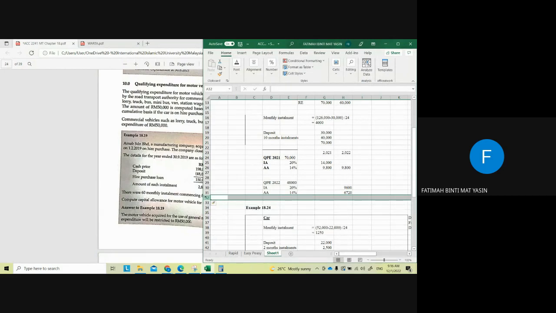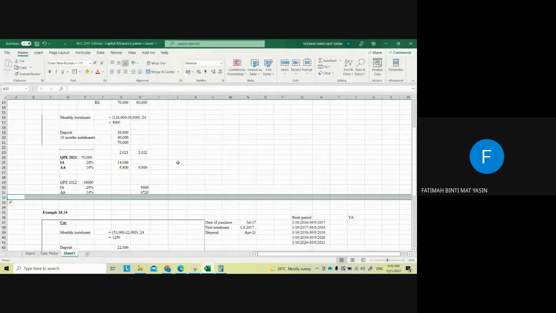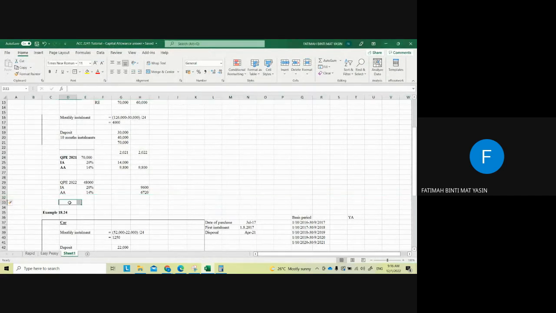Okay, so the QPE, let's say we are discussing this machine. If we look at this machine in 2023, how many months are left, because they have already paid some months. Here they paid 10 months, here they paid 12 months. So how many months remaining? Just 2 months, right? So the QPE for 2023 is 2 months, which is 4,000, you multiply 2.